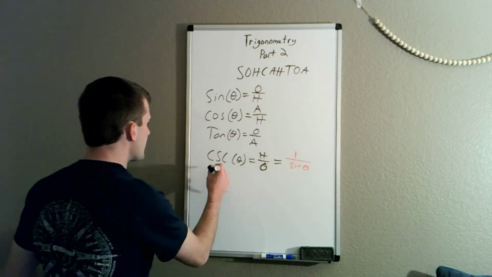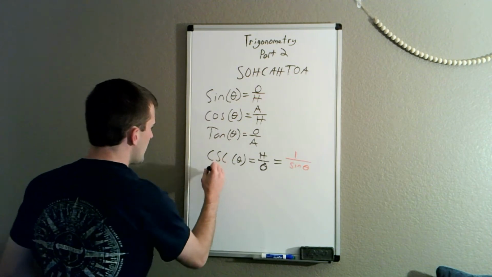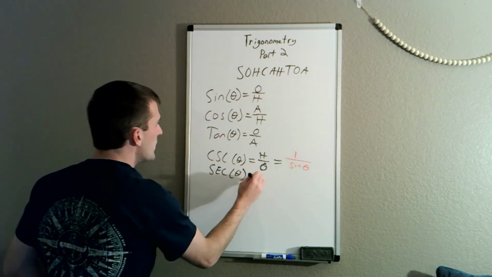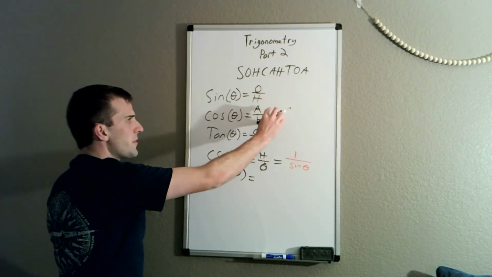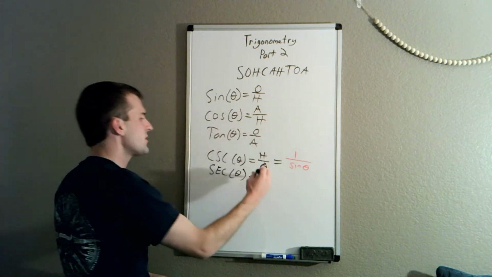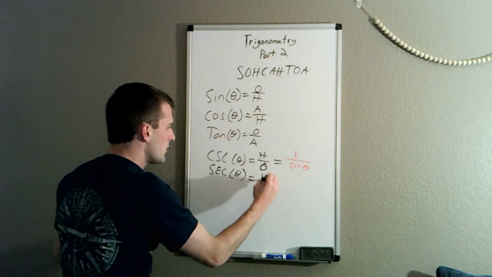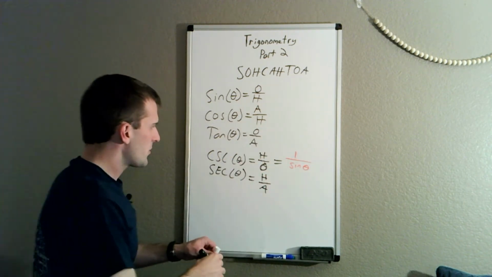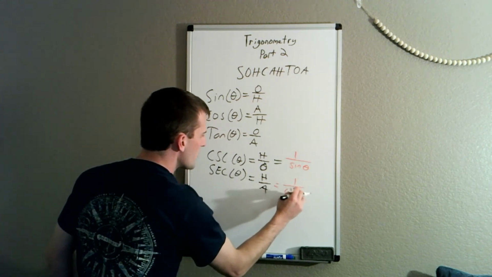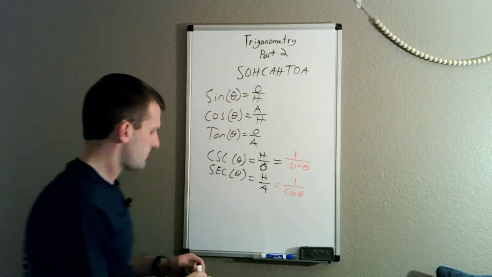We have secant. So secant of theta is equal to, and again it's the same thing here, so instead of adjacent over hypotenuse, we have hypotenuse over adjacent. And similarly, this is equal to 1 over cosine of theta.